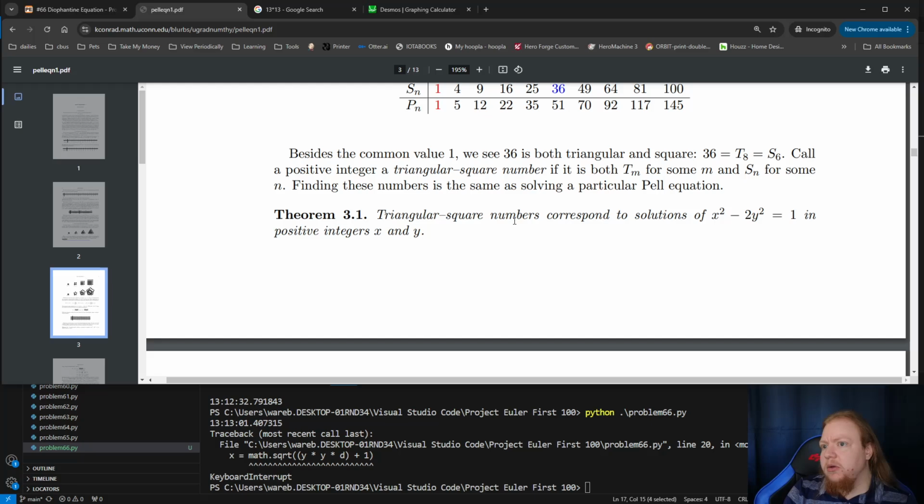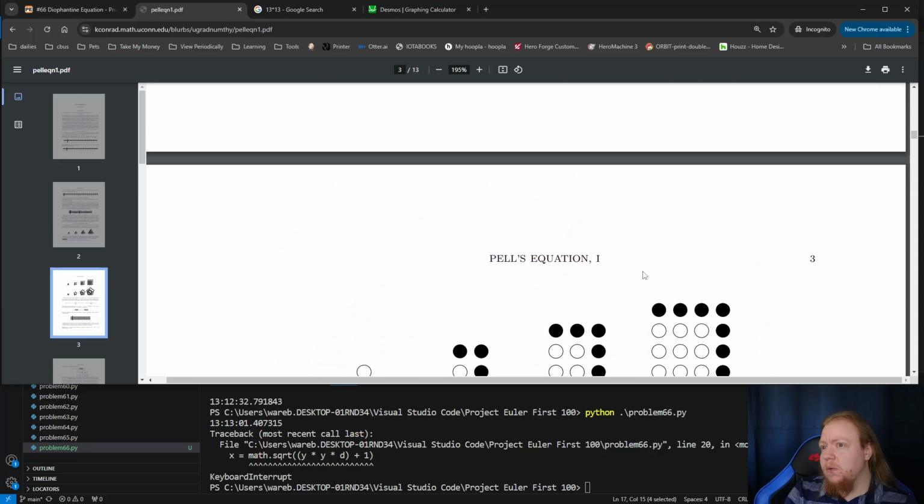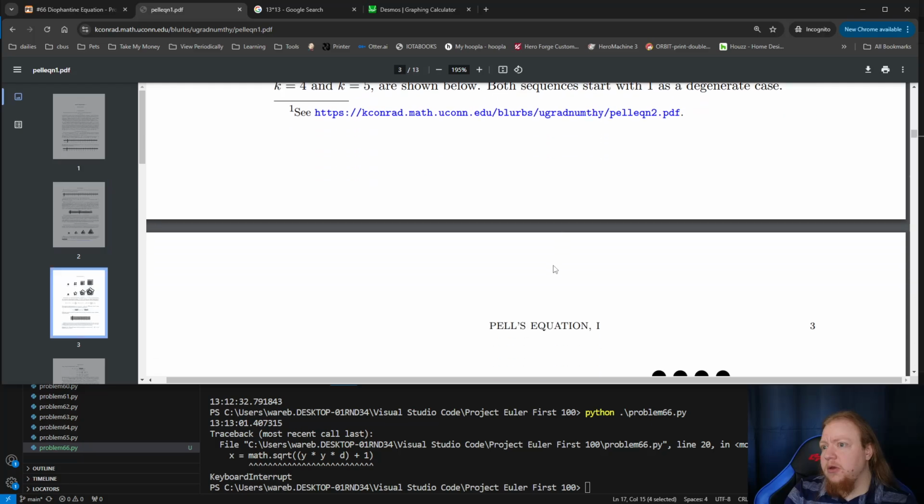Okay, triangular square numbers correspond to solutions of this, but only for -2, for only d equals 2.